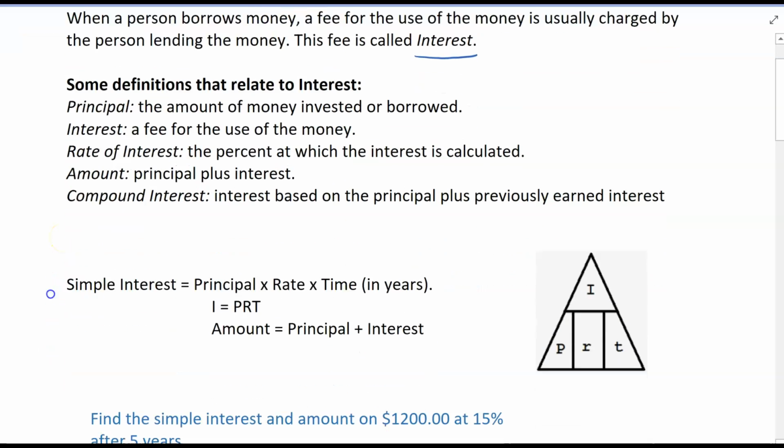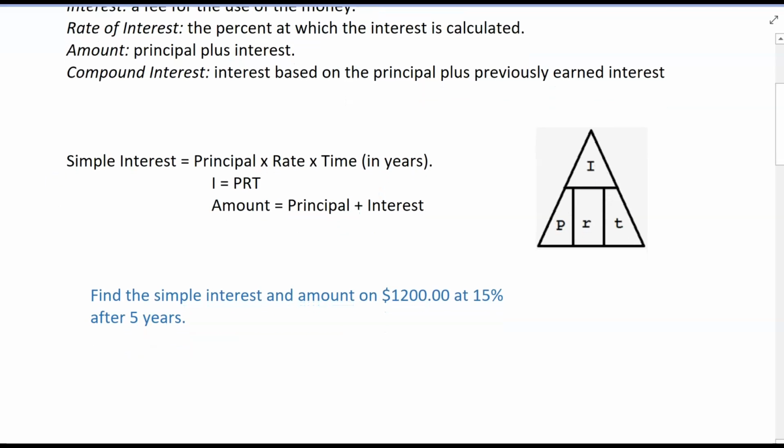The simple interest formula is: simple interest is equal to principal times rate times time in years. And rate is as a decimal, just as we saw when we were calculating percentage values in the last unit. And so I equals PRT.